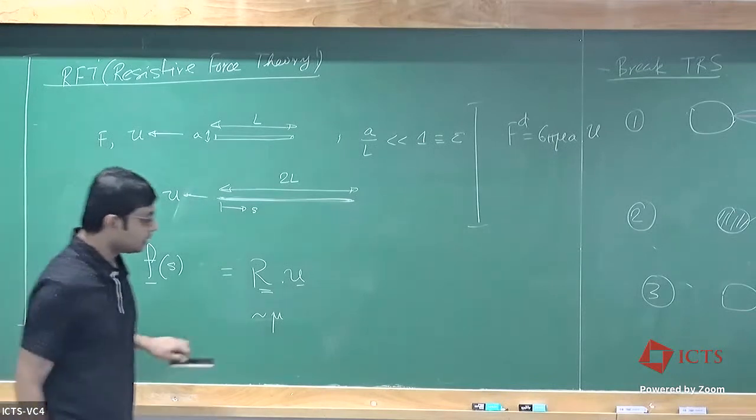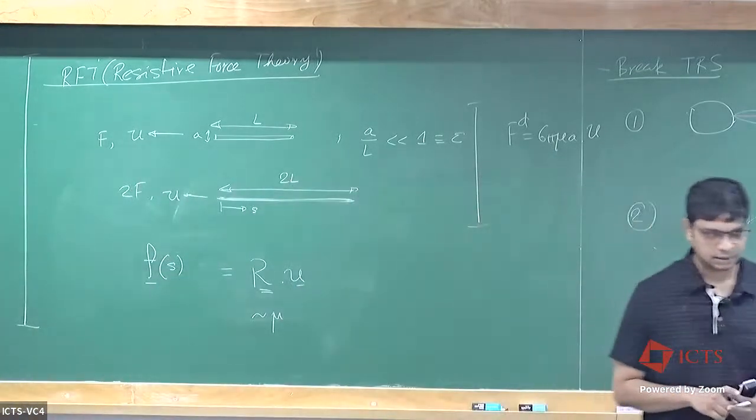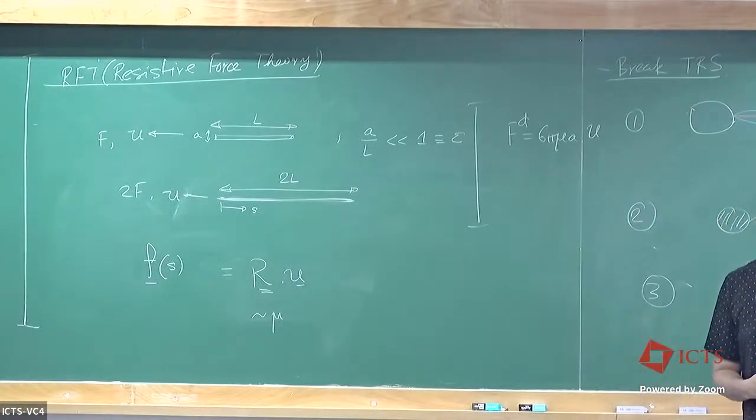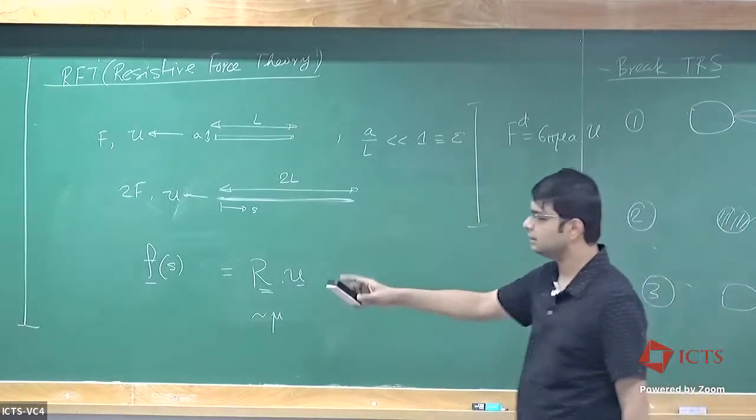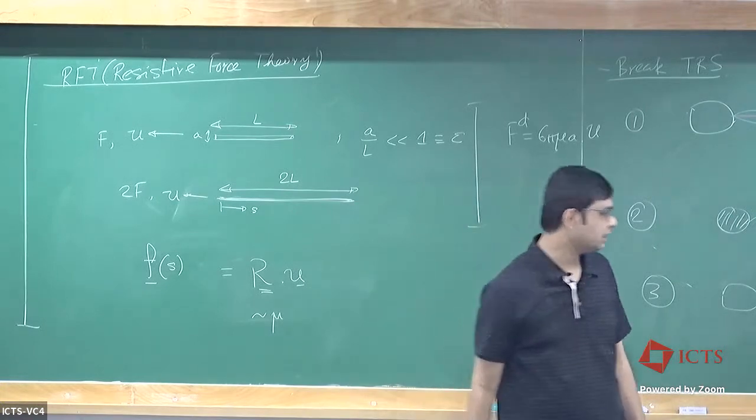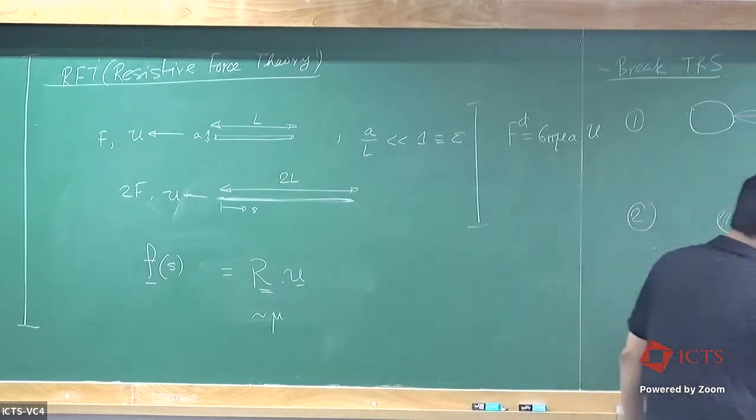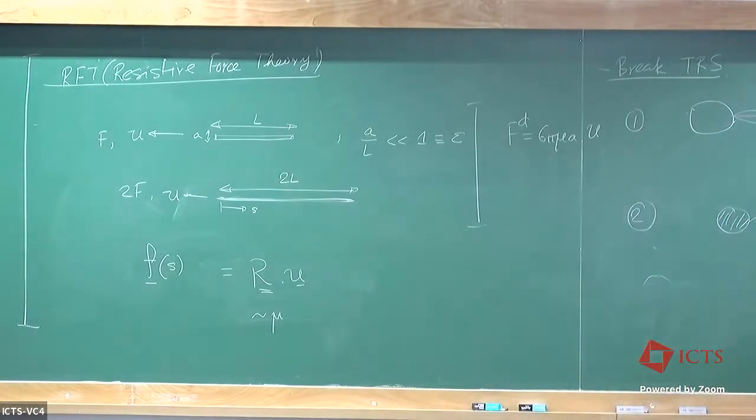Okay, so computing R is actually a challenging task. I am not going to compute what R is. You have to solve the Stokes equation, do some approximations, and get to R, but I will just give you the result of what R is and tell you about its implication.